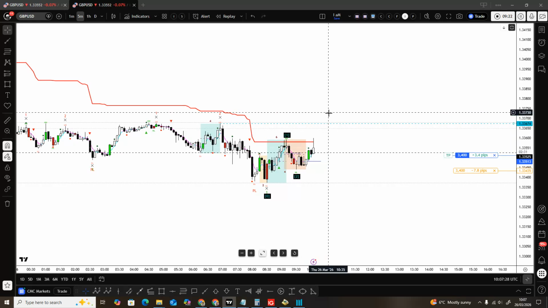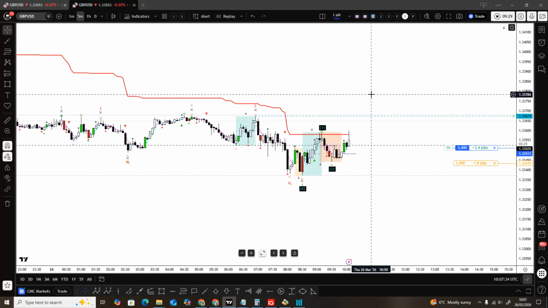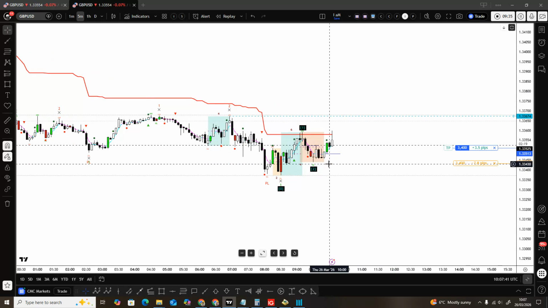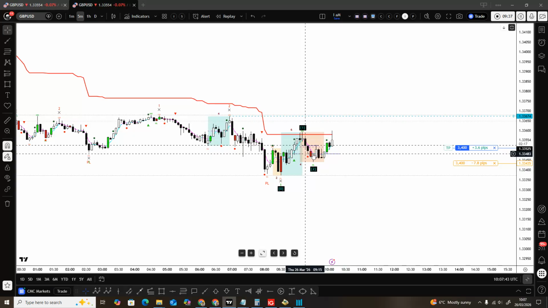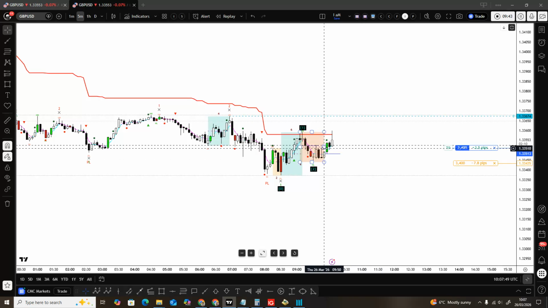This wave, it's not finished. How do we know it's finished? If we have a lower low bar. We don't have that for now, so we don't have to do anything basically, but now anticipate. This is the higher low. We've seen 1, we've seen 2, we've seen 3, and we've seen 4.